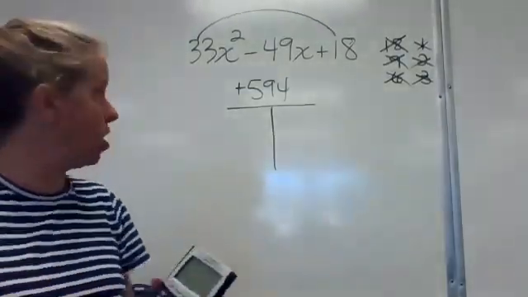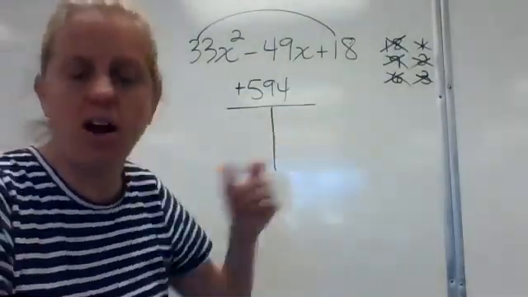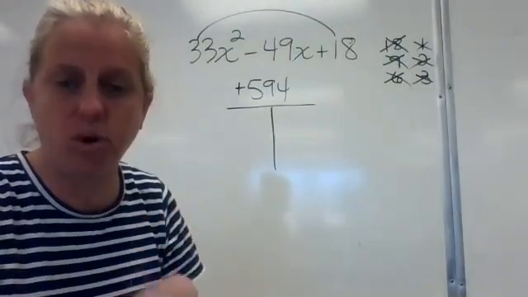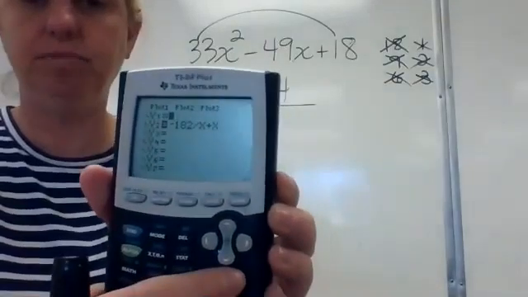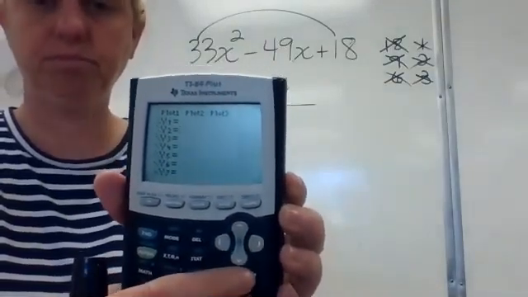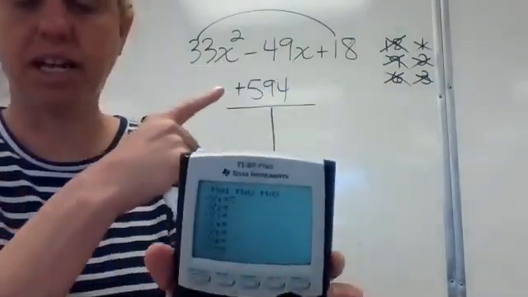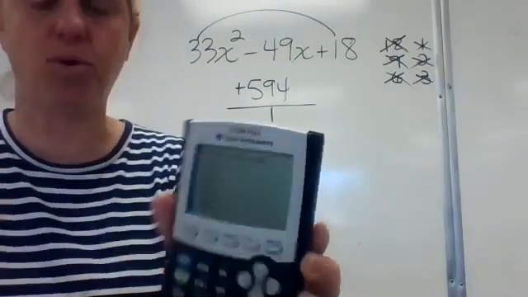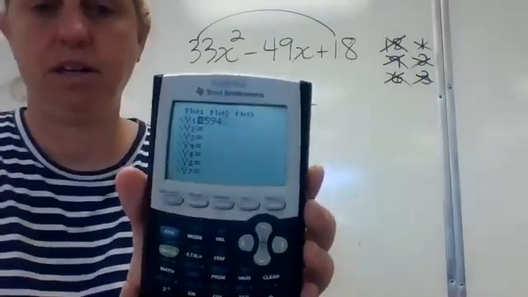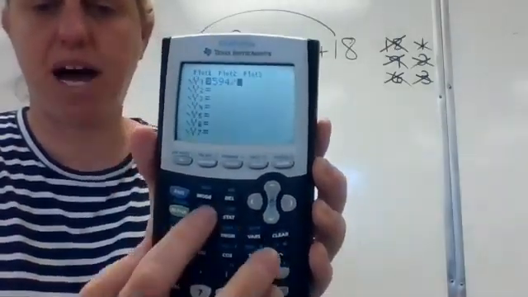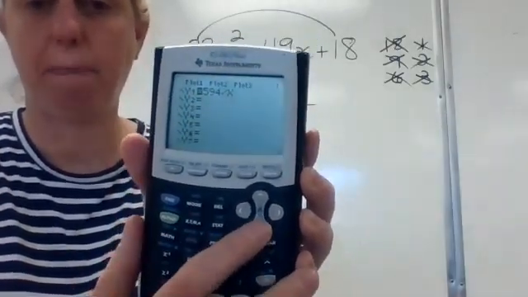Now, this is one where I definitely don't want to come over here and write out all the ways to multiply to get 594. It's going to take me all day. So that's why you go to your y equals and clear it. That's the number you put in. So 594 divided by x.